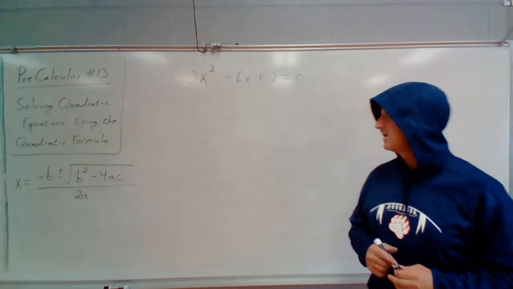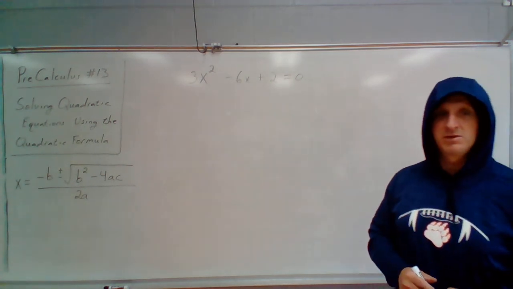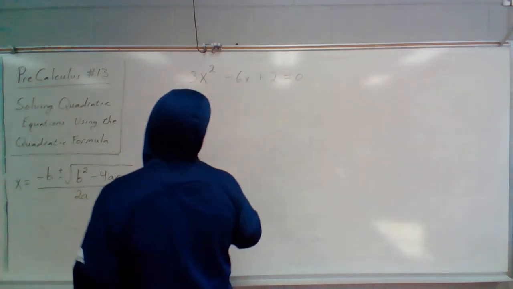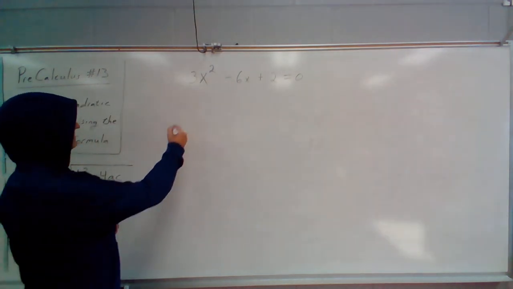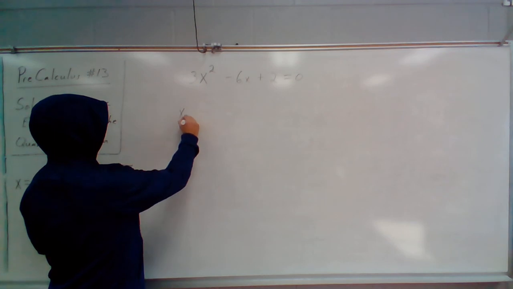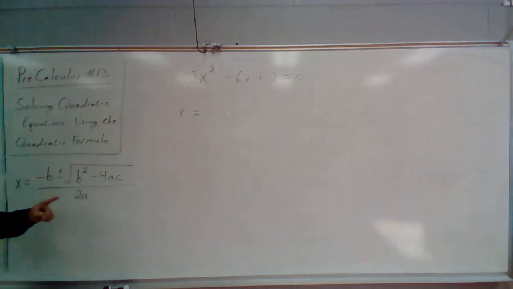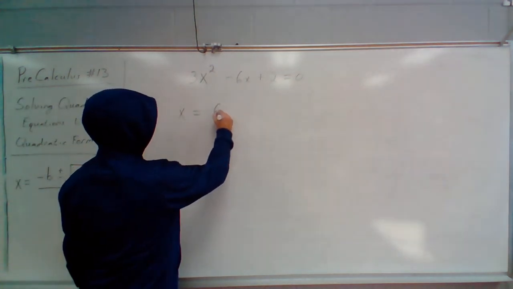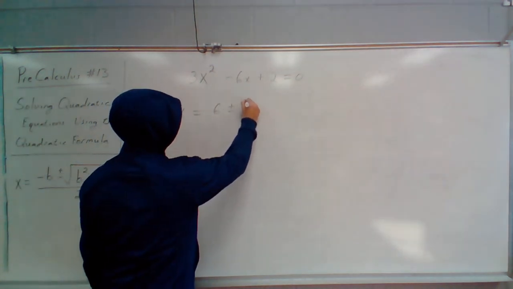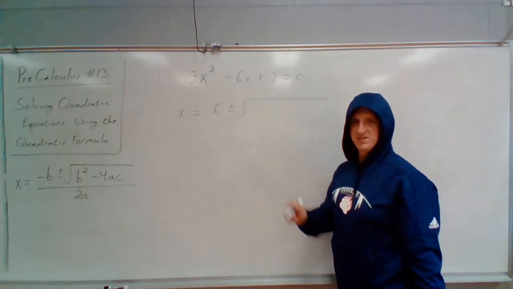All right, let's try one last example here. So I have 3x squared minus 6x plus 2 equals 0. All right. So let's use the quadratic formula to solve this. So x equals negative b, or the opposite of b. The opposite of negative 6 would be 6 plus or minus the square root of b squared.